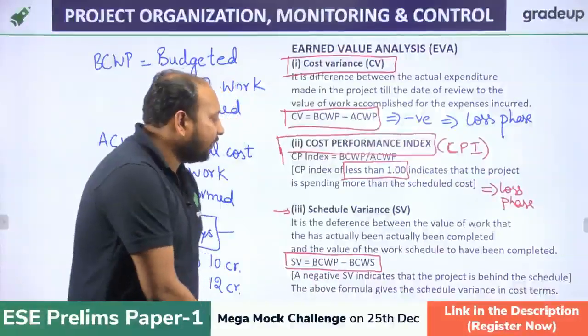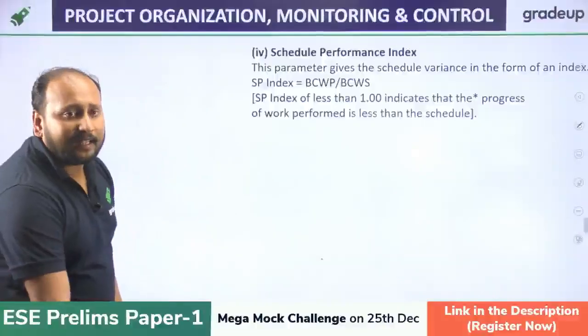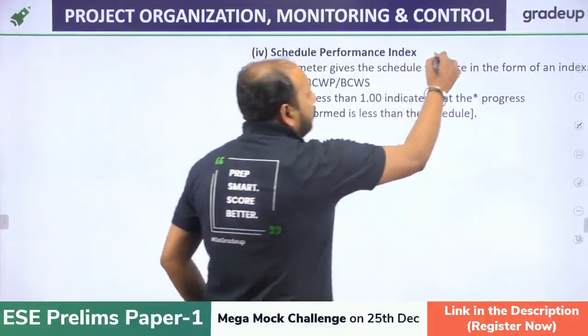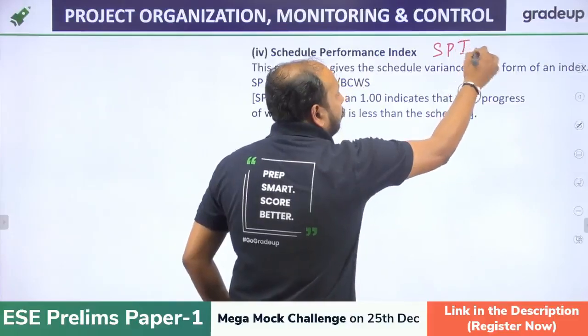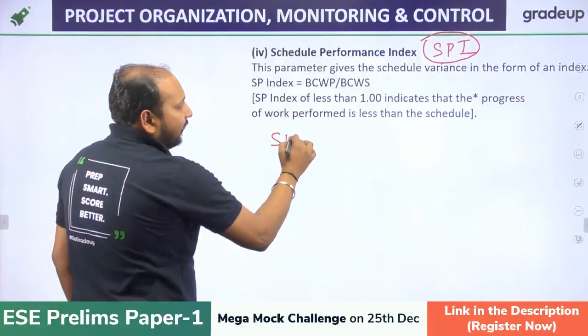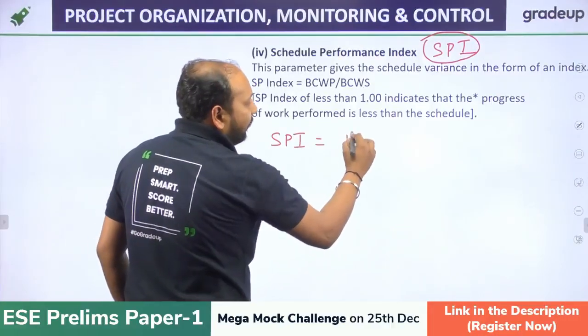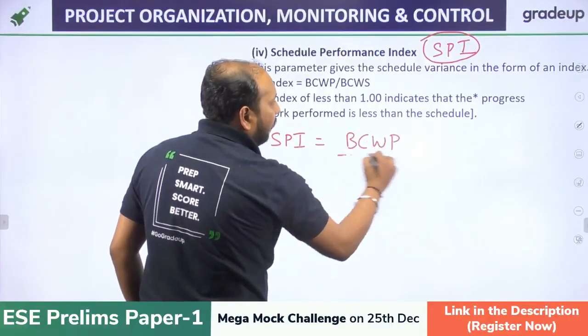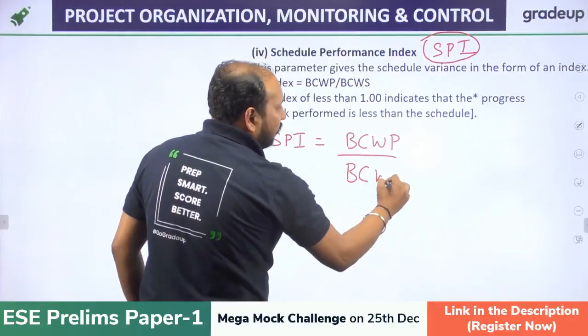Clear? The fourth one is very important, SPI, which is called Schedule Performance Index. SPI is the ratio of BCWP upon BCWS.